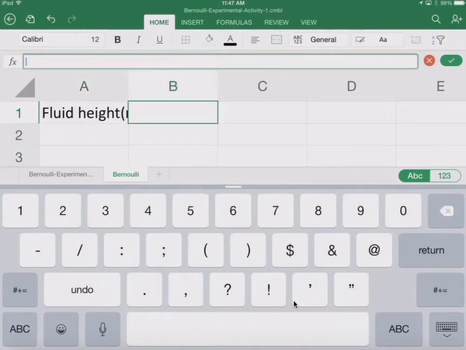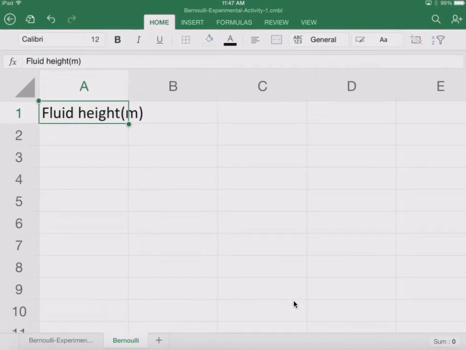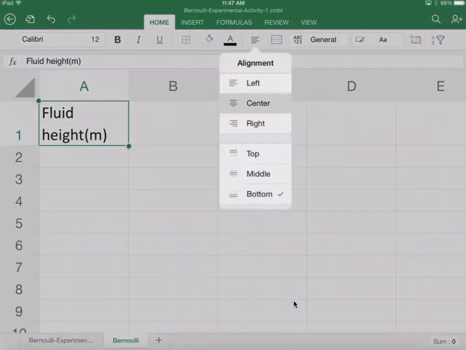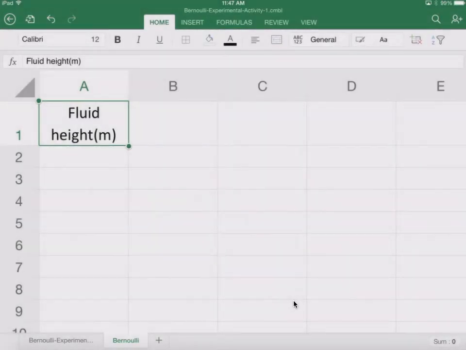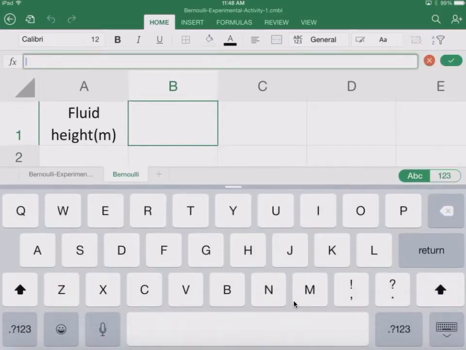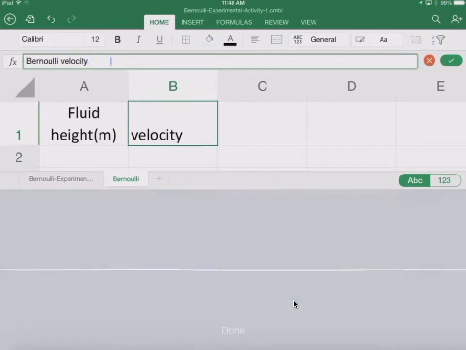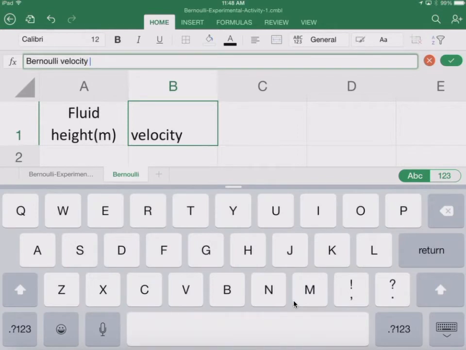And I should go ahead and wrap that, and I'll make it look pretty. Then we're going to have our velocity based on that. I think that'll be good. Bernoulli velocity, and that's going to be in meters per second.